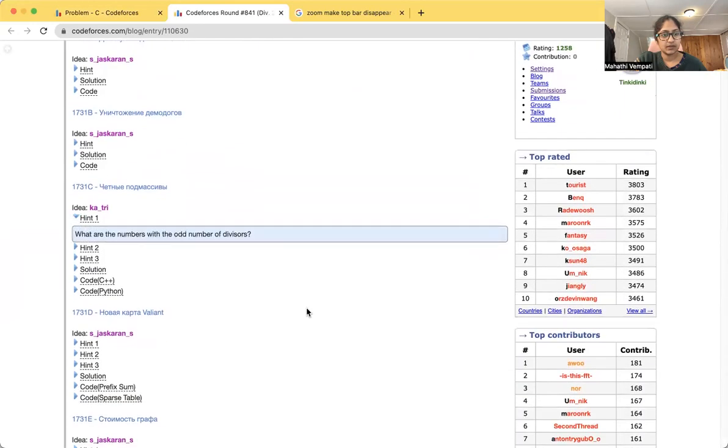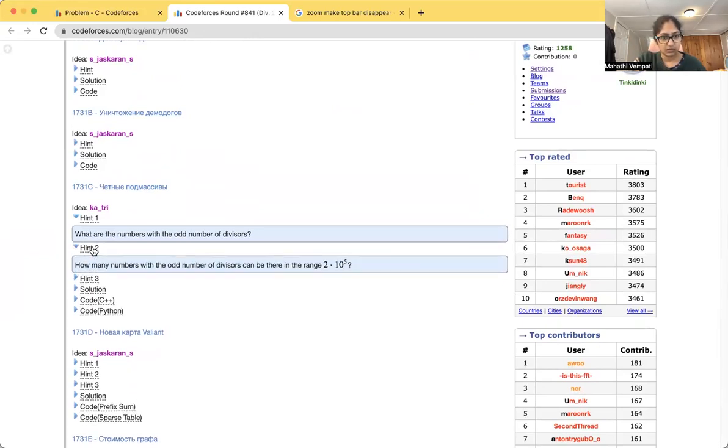Okay, nice. They have hints. What are the numbers with odd number of divisors? Those are squares. Ah, totally killed hint one. Hint two. How many squares can be in the range?